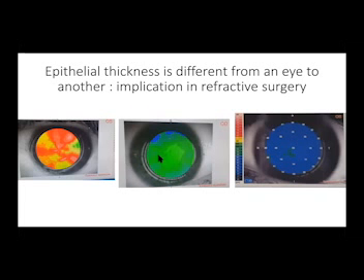The epithelial mapping shows that epithelial thickness differs from person to person. So when we do transepithelial PRK or any other procedure, we should know the patient's epithelial thickness. Here we have around 55, here 43, here more than 65.